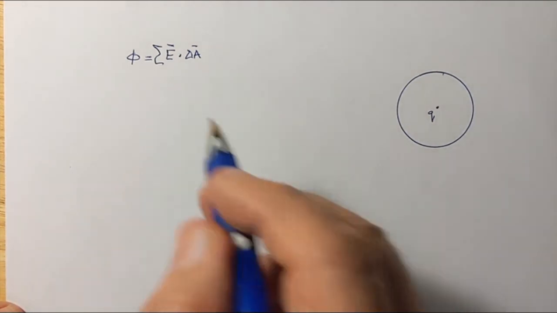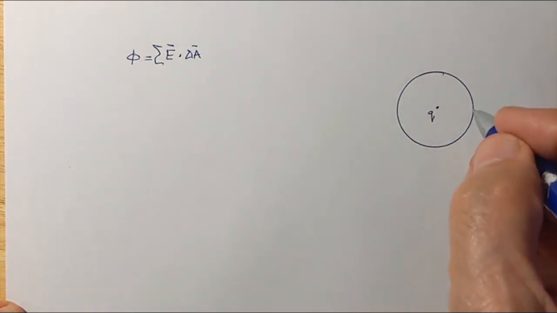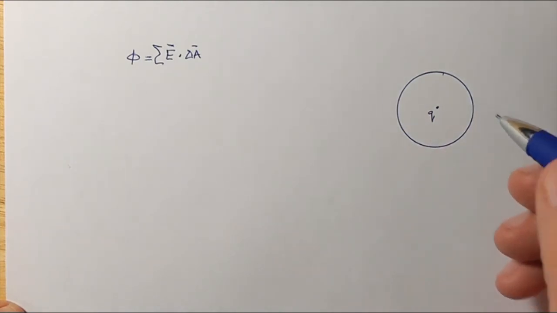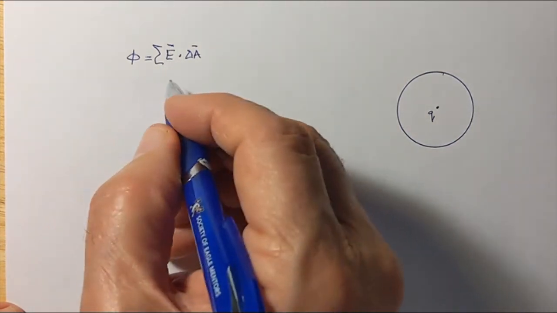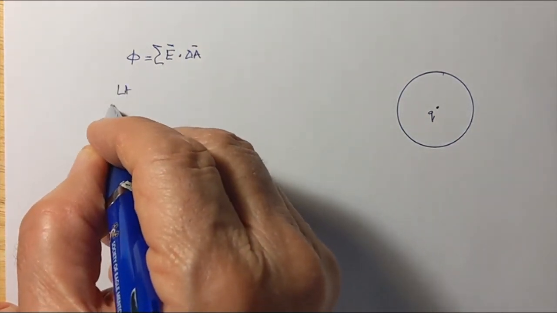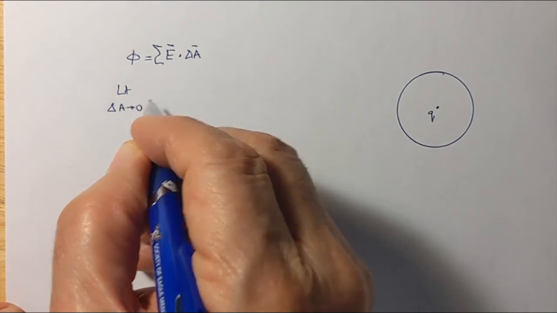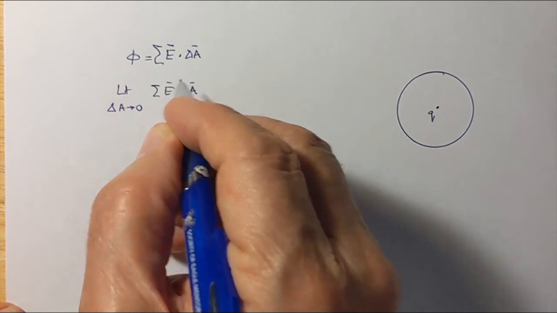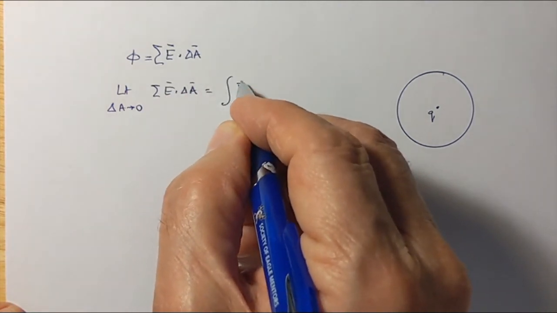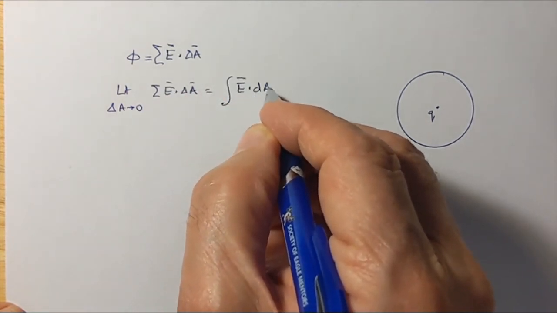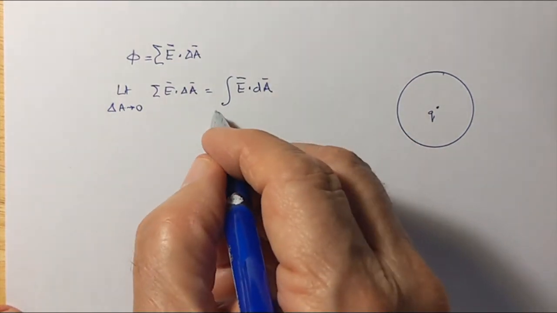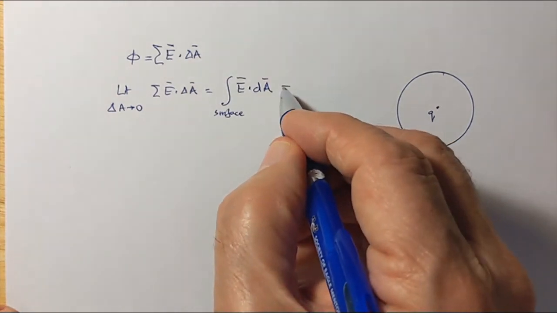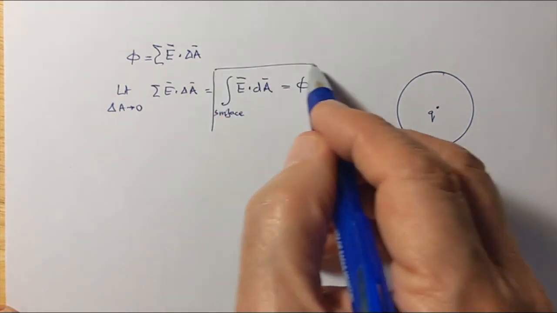So we can modify the equation for this case because in the case of this cube, it was easy to have straight edges, but here we need to say that, well, in the limit when delta A tends to 0, then the summation of E dot delta A will become the integral of E dot dA over the entire surface, and that will be the flux. That is our equation that we will use.